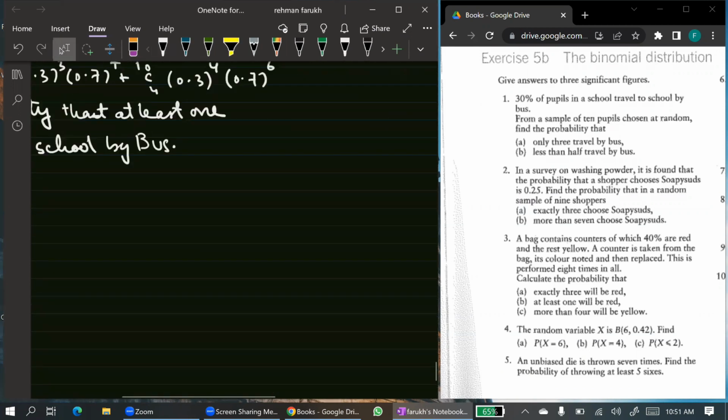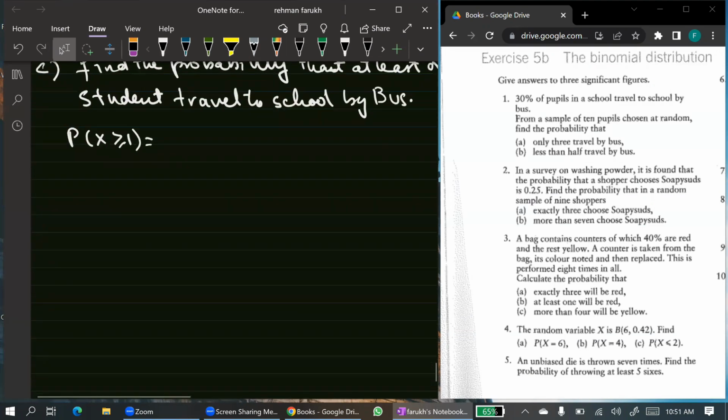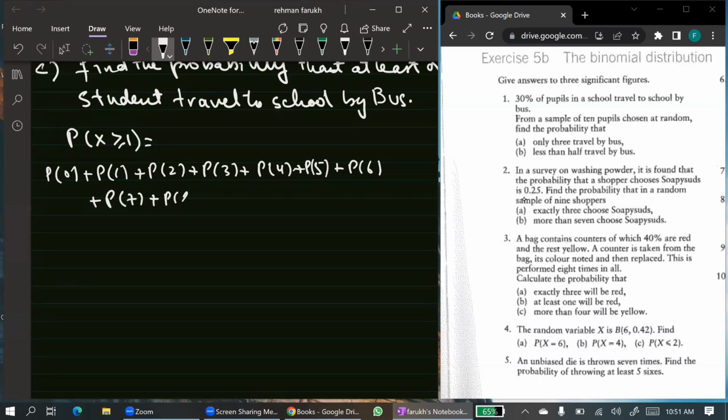Now I will try to simplify this one. That is, I will write down all the possible outcomes. The probability of X is equal to 0, plus 1, plus 2, plus 3, plus 4, plus 5, plus probability of 6, plus probability of 7, plus probability of 8, plus probability of 9, plus probability of 10.